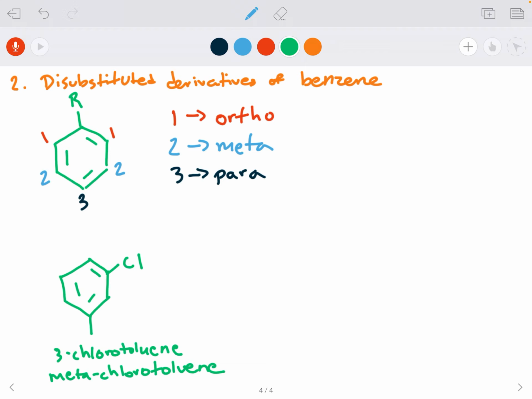Right, I could also name it like I would any alkane and say methyl as a substituent and chloro as a substituent and give the numbers for each of those locations. Right, so really 3 different ways I could do that. So if I did it that way, it would be 3-chloro-methylbenzene. Right, that's another way I could do it.